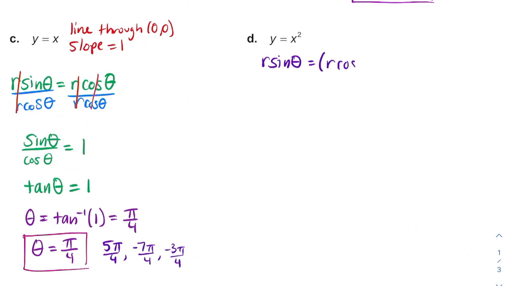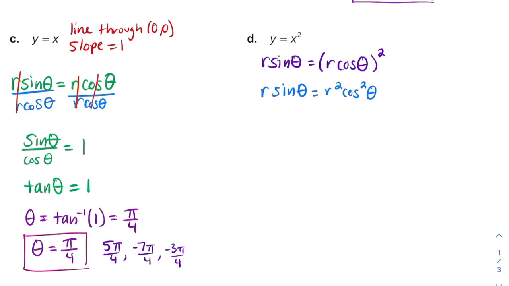So this would be r cosine theta squared. Okay, so now let's go ahead and square that. That gives us r sine theta is equal to r squared cosine squared theta.